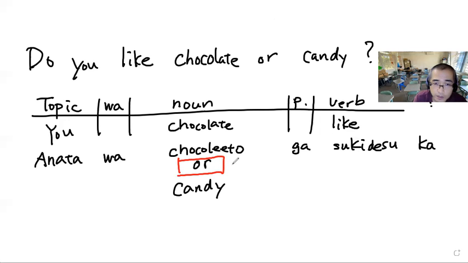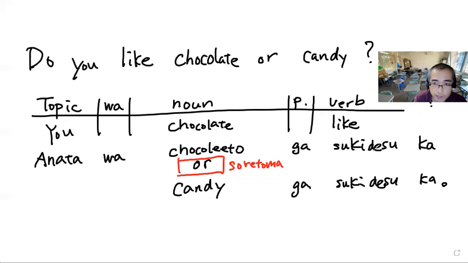We normally say それとも。それともキャンディーが好きですか？That's the complete sentence.